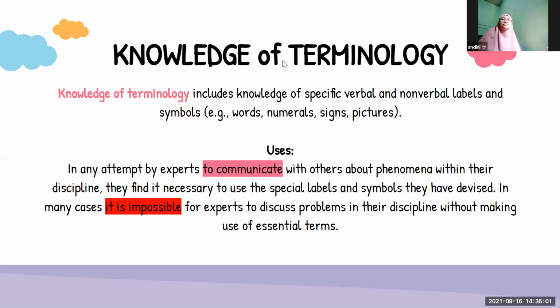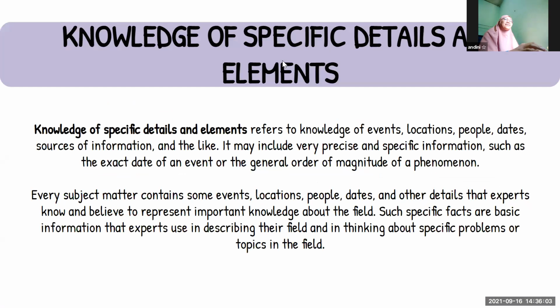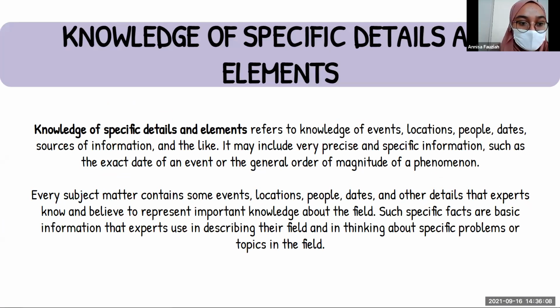Okay, thank you, Andini. So I will explain the knowledge of specific details and elements. Knowledge of specific details and elements refers to knowledge of events, locations, people, dates, sources of information, and the like. It may include very precise and specific information, such as the exact date of an event or the general order of magnitude of a phenomenon.